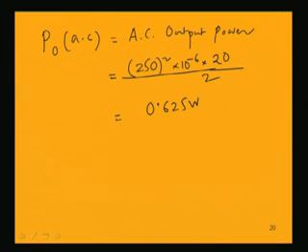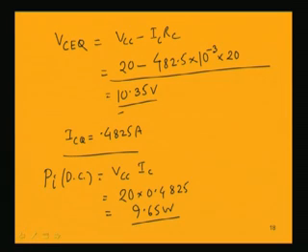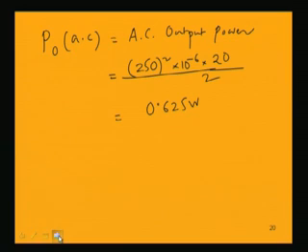Now, you see that we are getting an output power which is only 0.625 watts, but we were feeding an input which is the DC power 9.65 watt. So, this much wastage is happening in the amplifier.